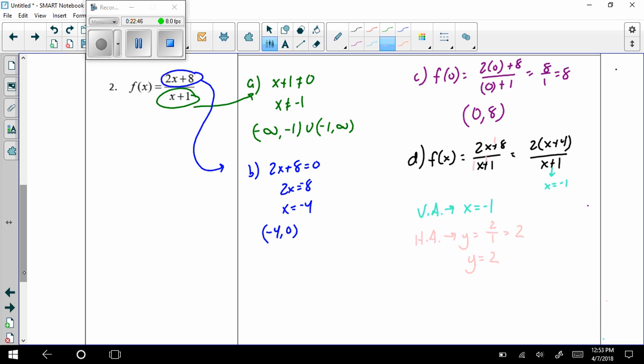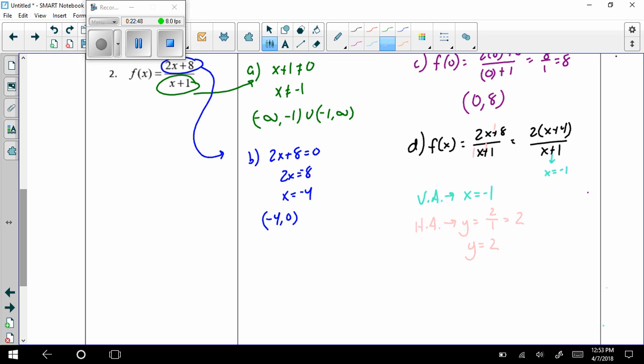Okay. Here's just a little word of advice. If we are still struggling with domain, speak up, talk to me, because at this point I'm assuming domain is kind of second nature, and it's going to be a part of our conversation for the rest of the year, so I'd rather get this taken care of now. Same thing with x-intercept and y-intercept. If letter D is still a little bit of a struggle, that's okay. It's a new concept.